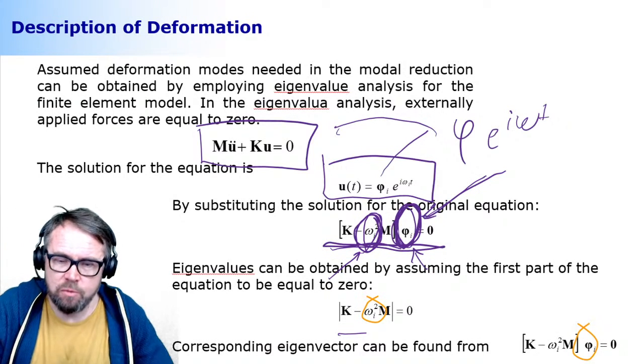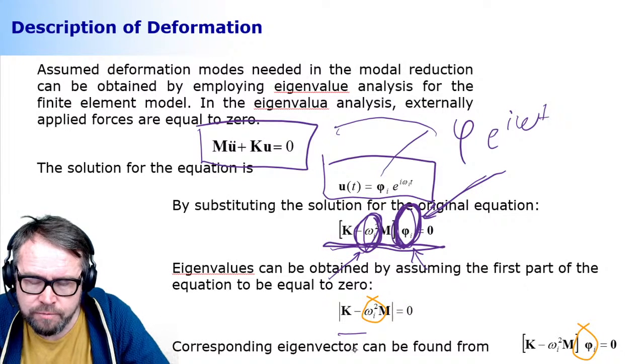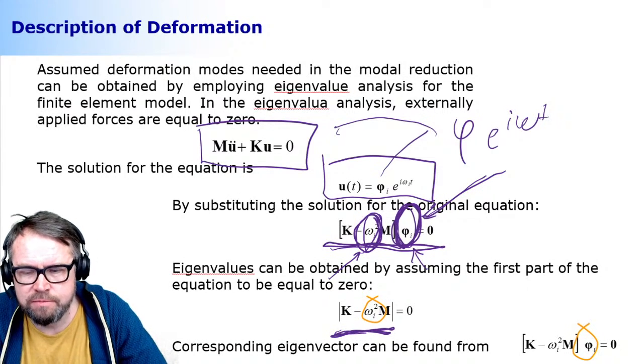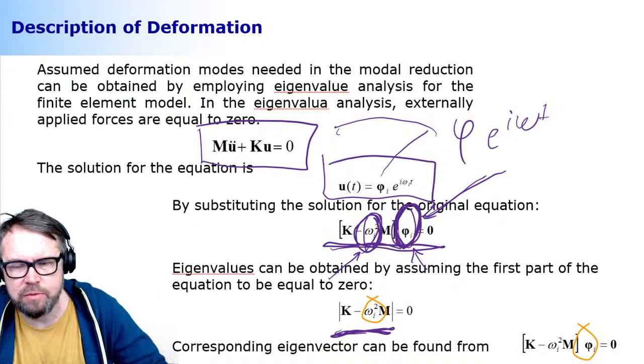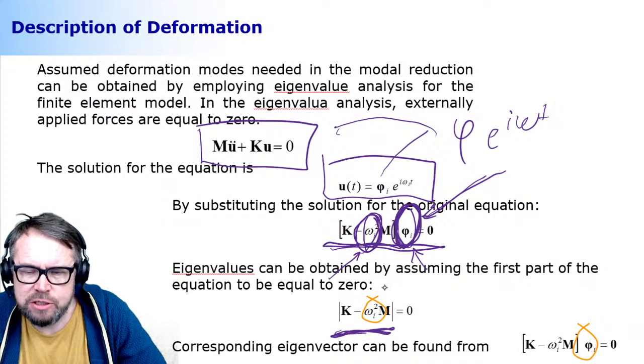Okay, the first thing that I need to do is solve these eigenvalues. I'm going to tell you what these eigenvalues and eigenvectors are with an example pretty soon. But I'm simply solving for the different eigenvalues that the structure can have.